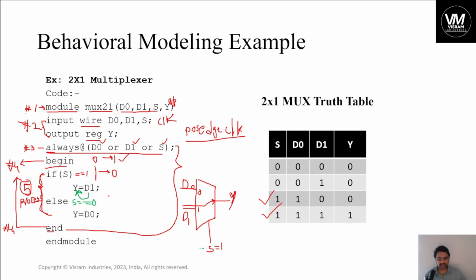So if S is equal to 0, the data will be selected from D0, and whatever data you have in D0 will be sent to Y. So Y is equal to D0. Usually we can also write it as if S is equal to 0, then Y is equal to D0, else Y is equal to D1. In that way we can write, but this is a simple notation that can be helpful.